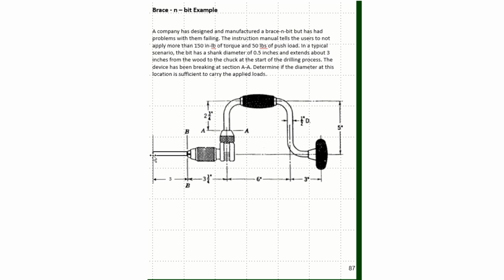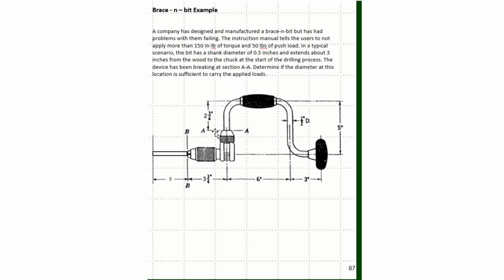So here is my plate where I'm drilling the hole. Here is the chuck where my drill bit is mounted, and here is my drill bit, and it is shown to be 3 inches long. It says the device has been breaking at section AA, and we are to determine if the diameter at this location is sufficient to carry the loads.